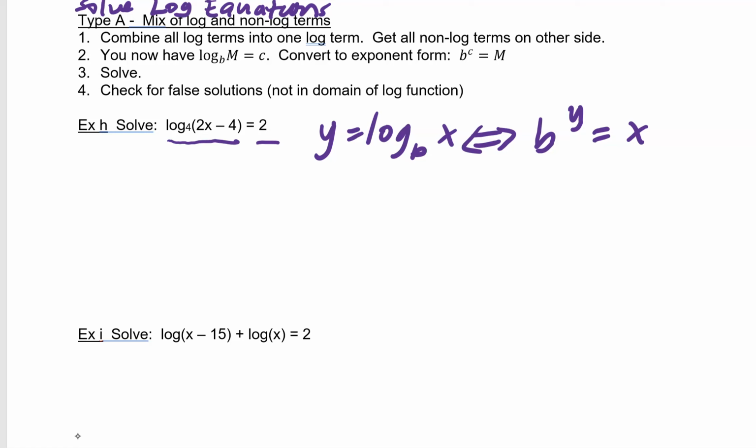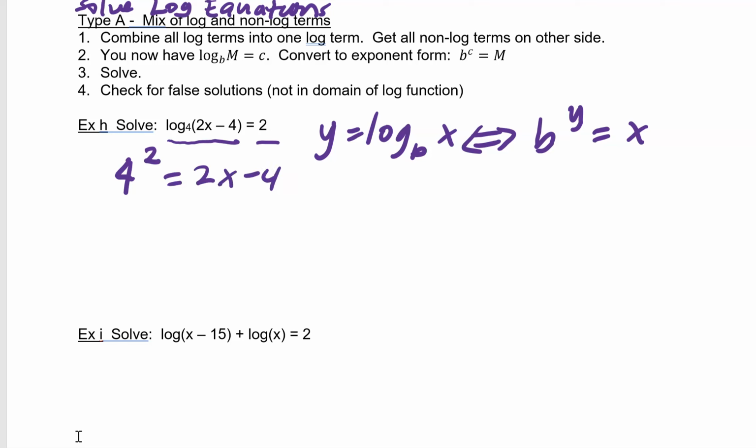So in this log equation we see a base of 4, and that will serve as our base in our exponent equation. The y is what's on the opposite side of the log, and that is the power. So on the opposite side of the log is the 2, and that is our power. And that's equal to what's on the inside of the log, in this case 2x minus 4.